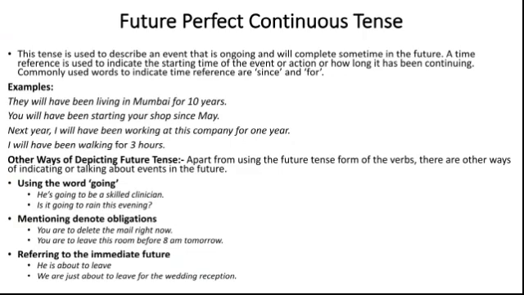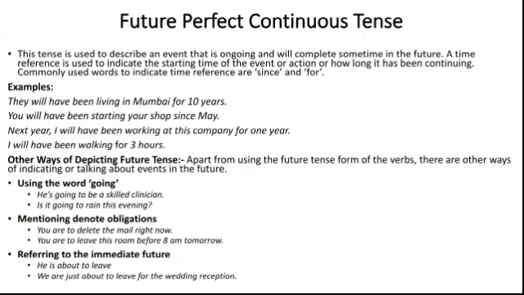For example, they will have been living in Mumbai for 10 years. Okay, you will have been starting your shop since May. So this is how we use future perfect continuous tense. See, again I'm saying, some event that is ongoing and it is incomplete, it is not completed, it will complete sometime in the future.